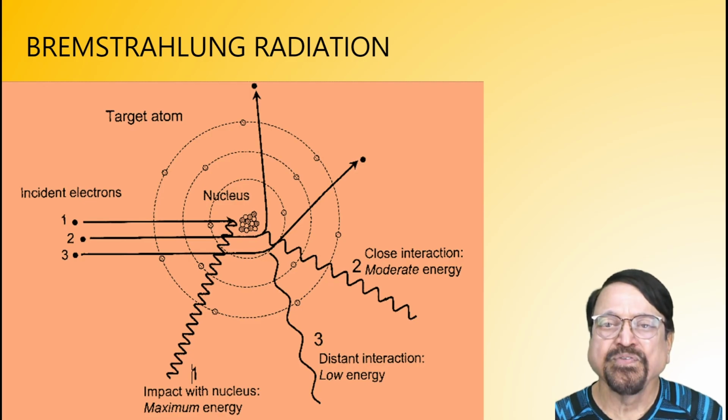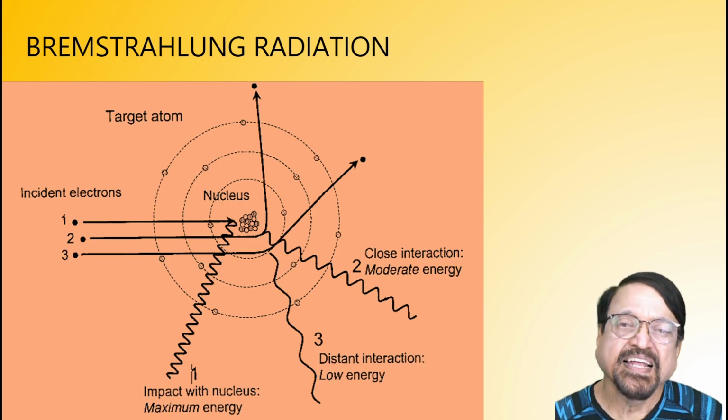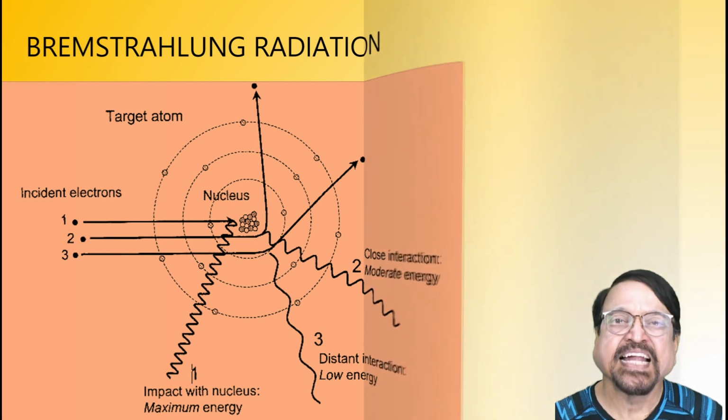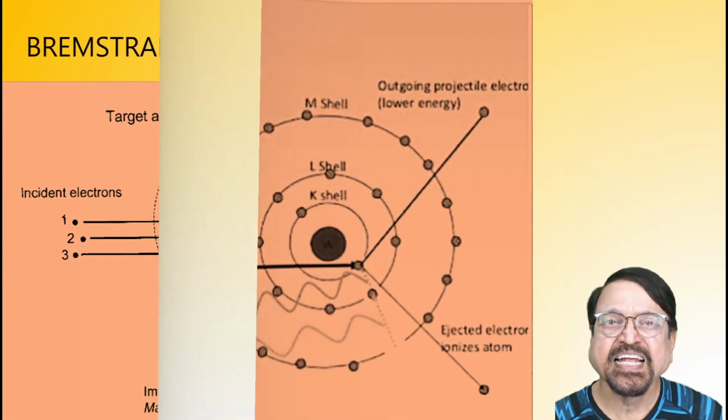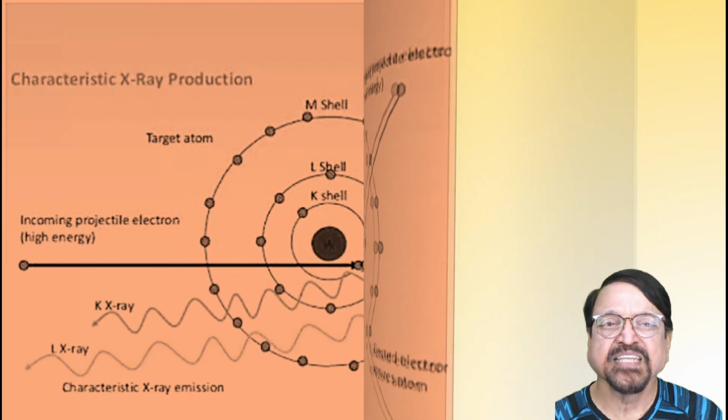And if the impact occurs with the nucleus, then there will be maximum energy liberation. So this study will give you detail of different types of radiations, how the X-rays are produced, then what is the characteristic radiation, from where it comes. All details we have explained in this chart, in this figure.